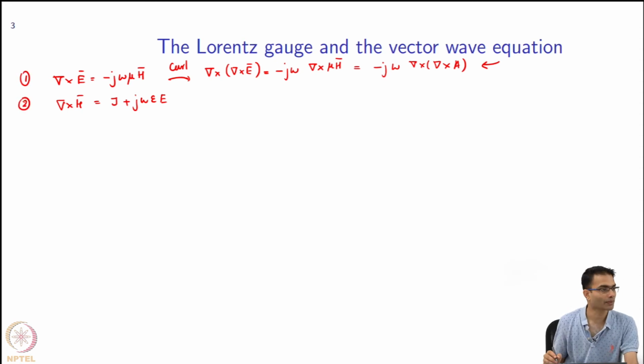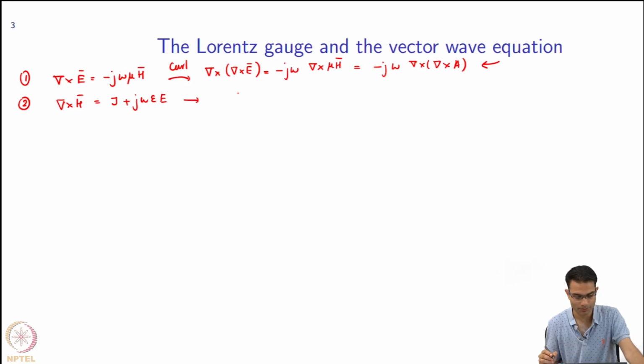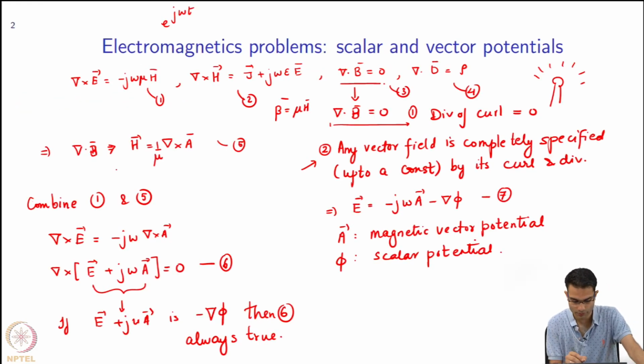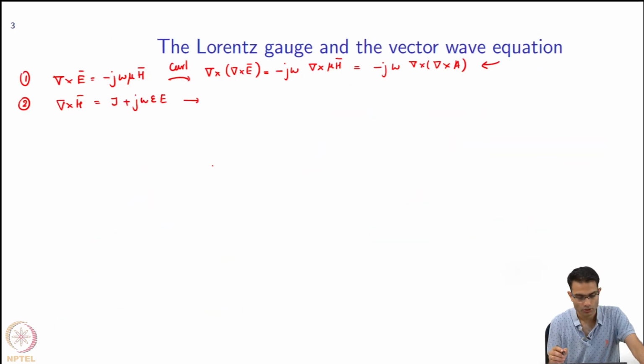If I take equation 2 itself and don't apply any curls, what happens here? So let us take this. Here I substitute h over here in terms of this relation, right. So this will become 1 by mu del cross A, right, and that will be equal to j plus j omega epsilon.